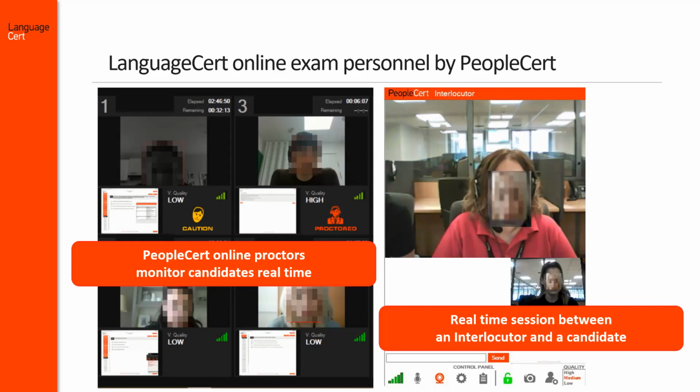In this case, a lady is the proctor, there is a candidate, and the lady asks all those questions from the interlocutor's brief. The exam is recorded, and the interlocutor, as I explained to you, doesn't mark it. He or she only elicits language from the candidate by asking the most suitable questions.